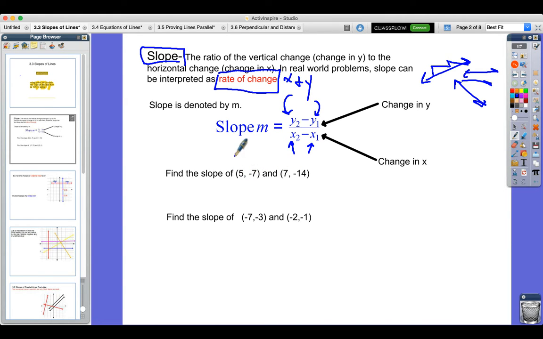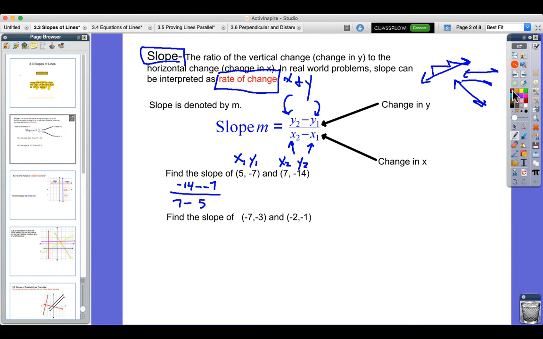So find the slope of (5, -7) and (7, -14). This was our first set of x and y, so this is x1, y1, and this is our second set, x2, y2. We plug these into this equation. So we have y2, -14, minus y1, -7, over x2, 7, minus x1, 5.